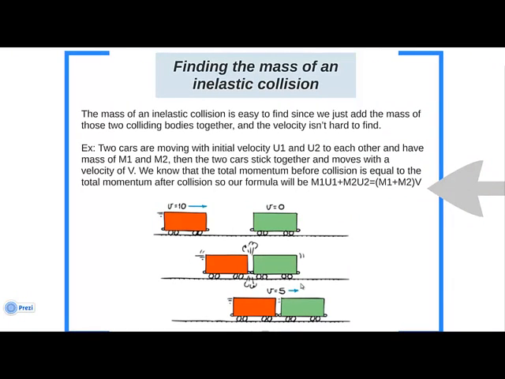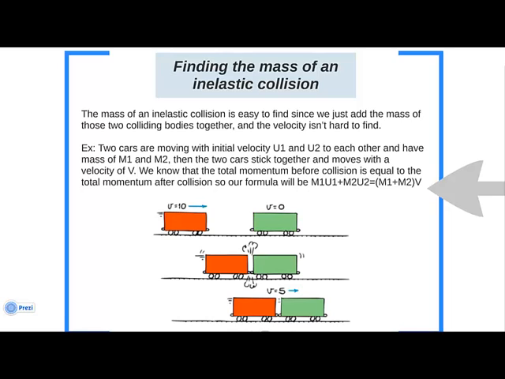So how do we find the velocity in an inelastic collision? It's really easy to find. You have the formula of momentum: m1u1 plus m2u2 equals (m1 plus m2) times v. So we can find both the mass and the velocity here.